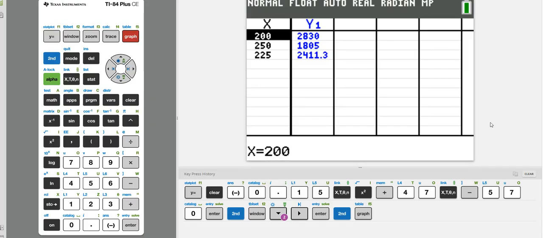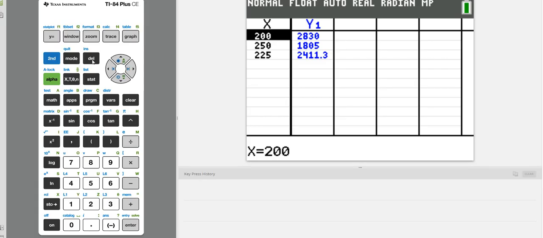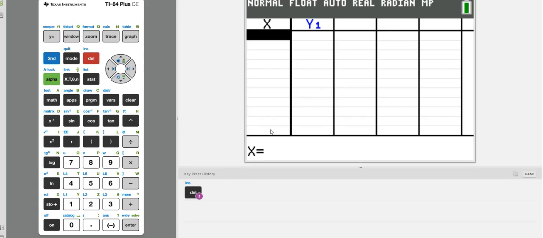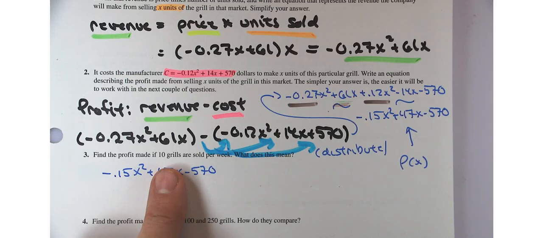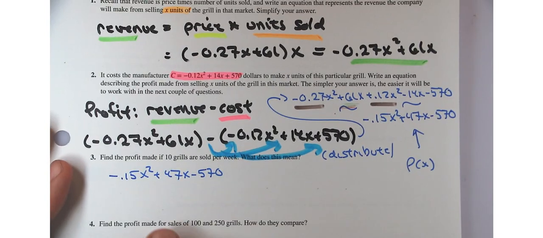Now I've got some values there already for myself, so let me just delete those. There's a delete key up on the top row. And it asks us to find the profit when 10 grills were sold that week. Now, we spent a lot of time putting this function in, but there's good news for it. We can use that a couple other times.